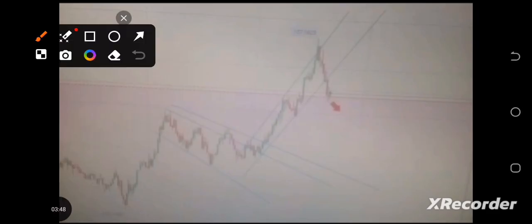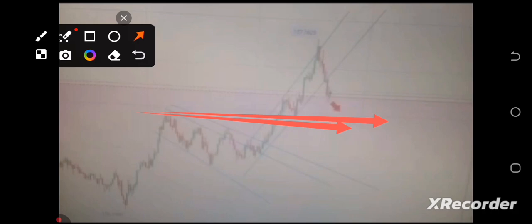Okay, the best thing to do here, if you look at this chart clearly, you will see there is a resistance here. After the breakout of the bullish flag, you can see there is a resistance level there. This is a level of resistance.